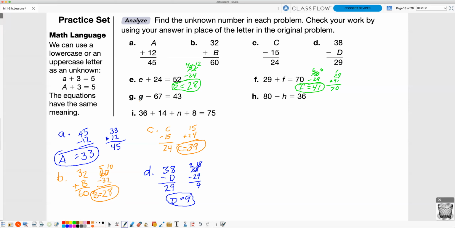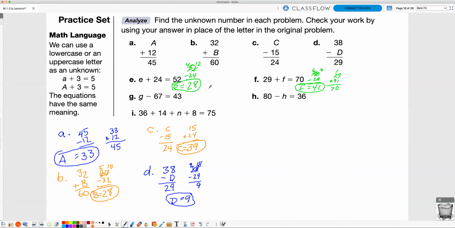All right, let's do letter G. So if you have G minus 67 equals 43, go ahead and answer that. That should be, you need to add these two together.